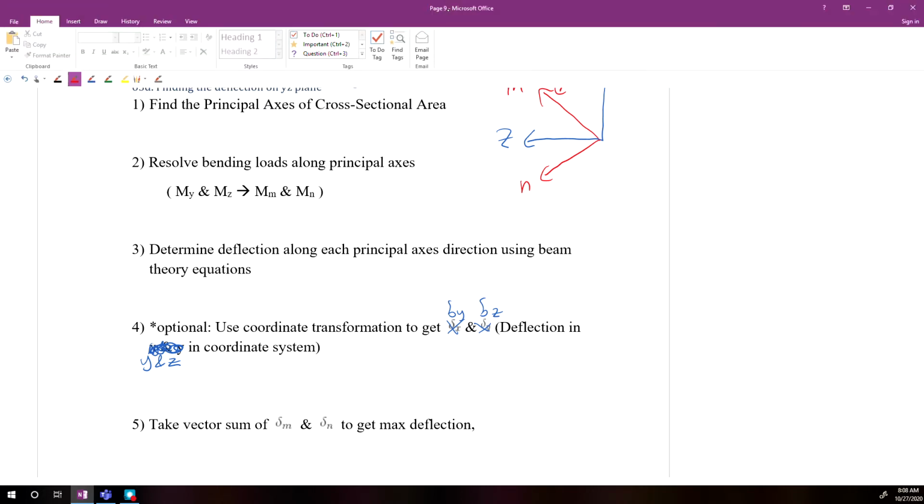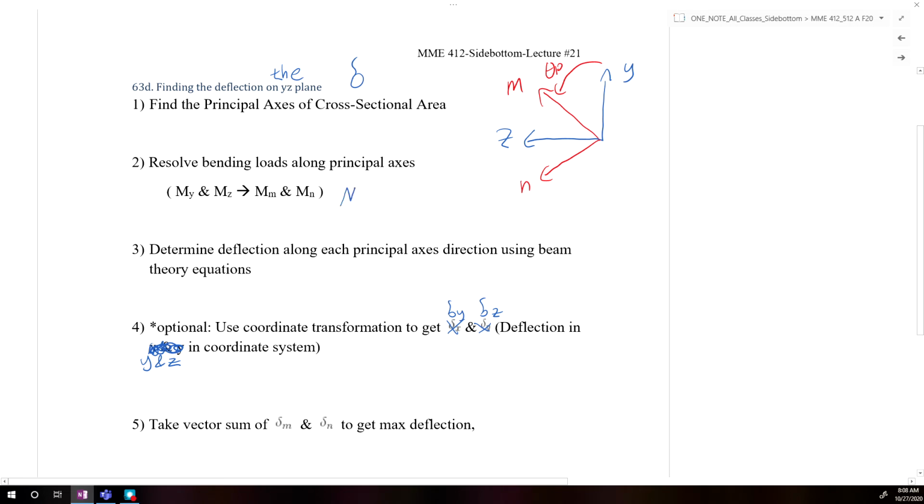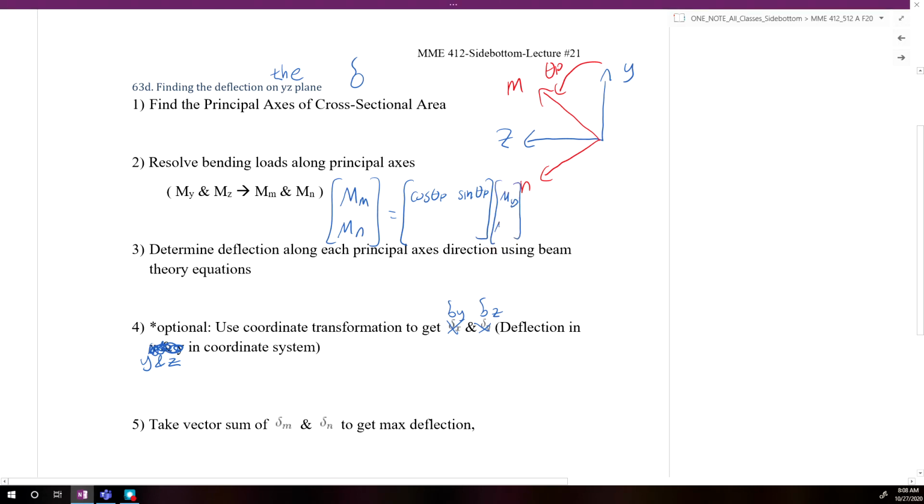To do that, we can say that Mm and Mn, the moment about the n-axis, would be equal to a matrix: cosine theta P, sine theta P, times My and Mz. And our second row, our equation for Mn, would be equal to negative sine of theta P times My plus cosine of theta P times Mz.